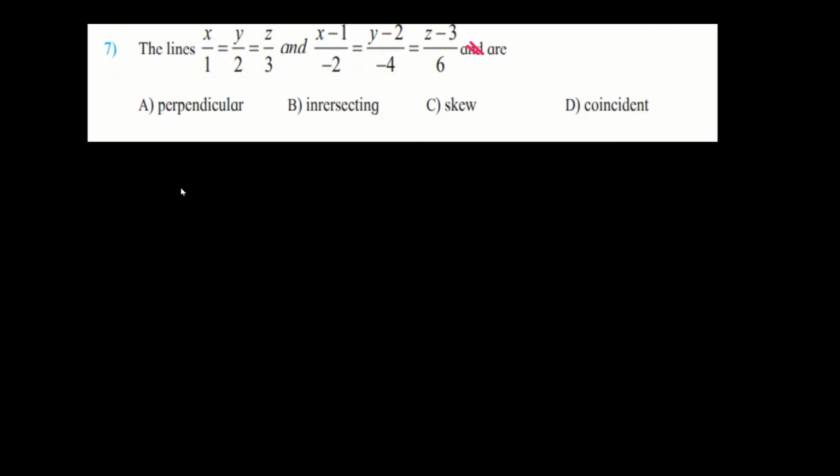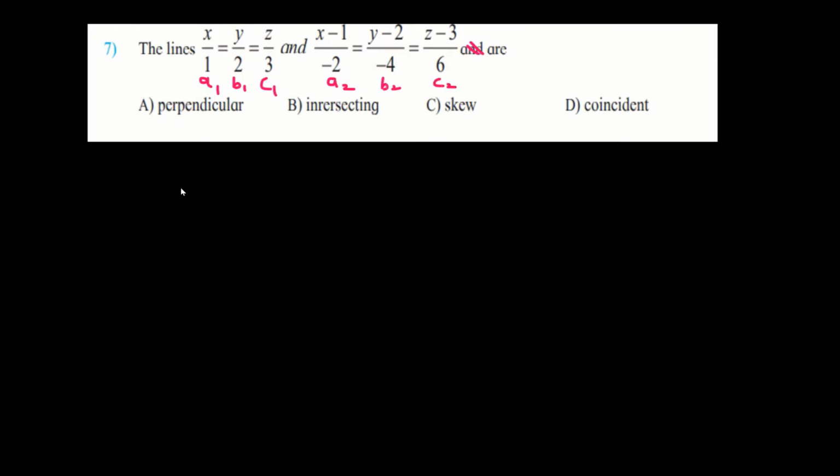Suppose the lines are given this way. Let us check whether the lines are first of all perpendicular. The lines will be perpendicular if their corresponding direction ratios, when multiplied and added, give 0. The direction ratios of the first line, A1, B1, C1, are 1, 2 and 3, and A2, B2, C2 are −2, −4 and 6.